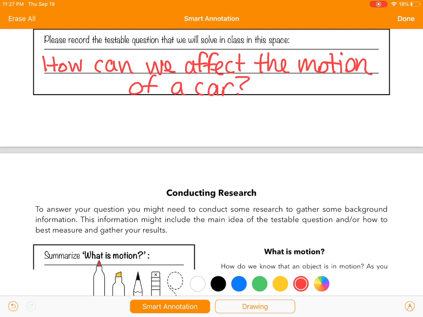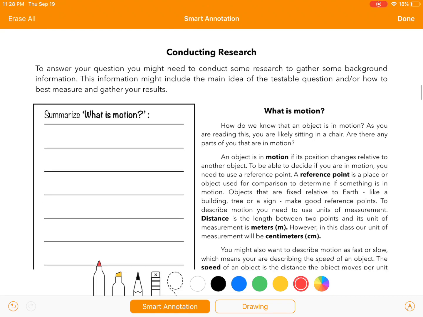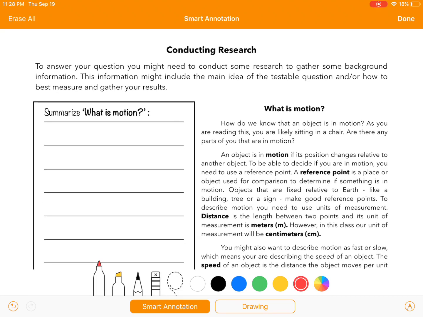To be able to answer this question well and to write and design a good experiment, we need to understand what motion is. So here, I've done the research for you, and now it's been up to you to read through that information and understand what motion is, so you have a good solid foundation for this experiment.